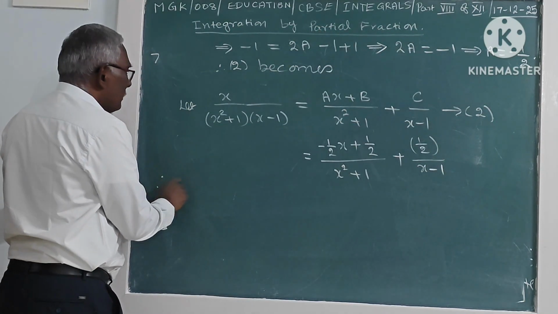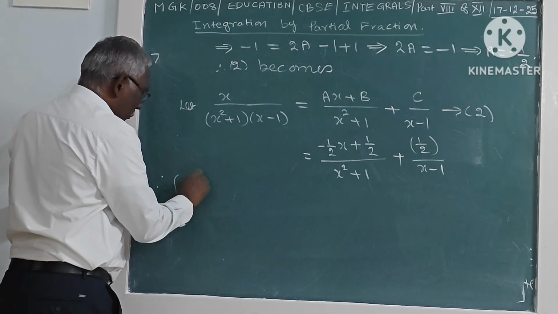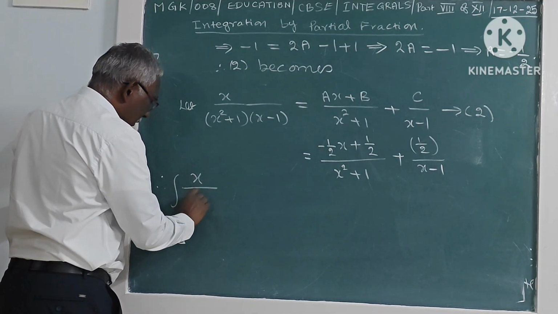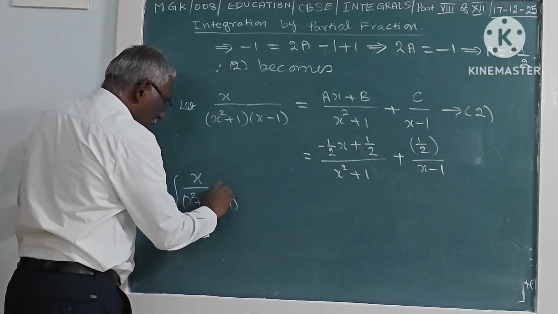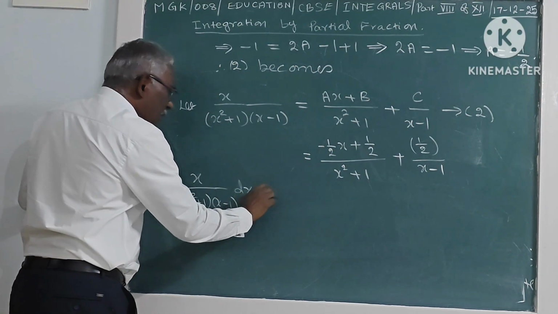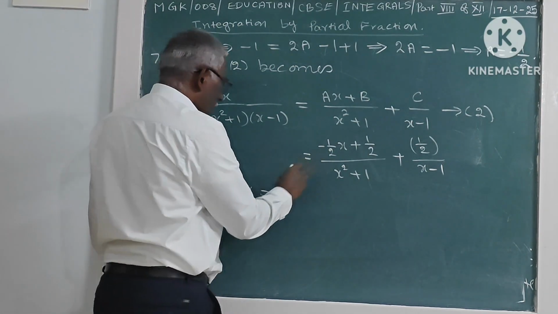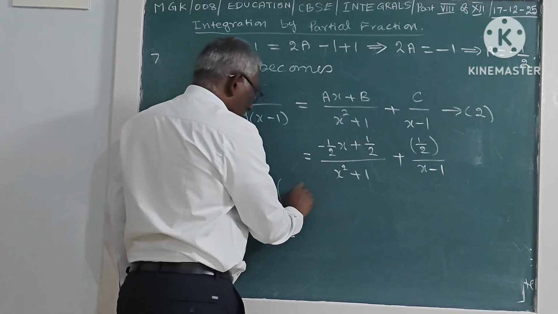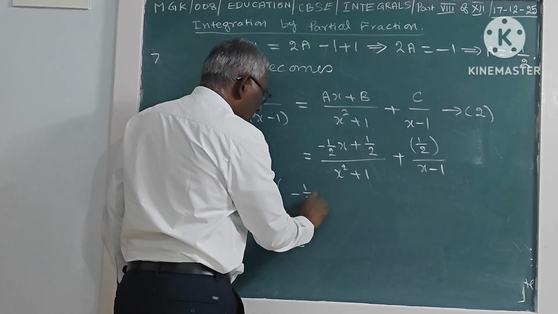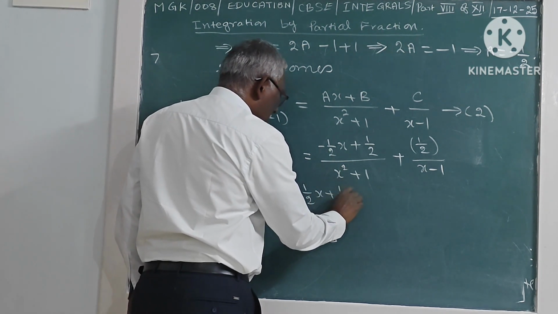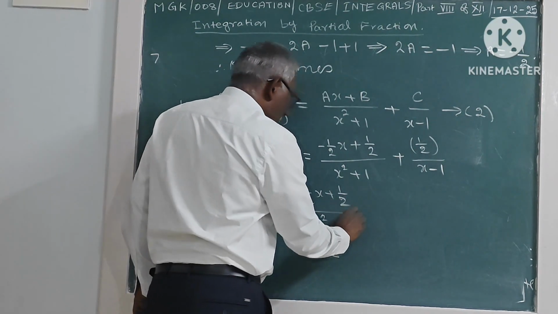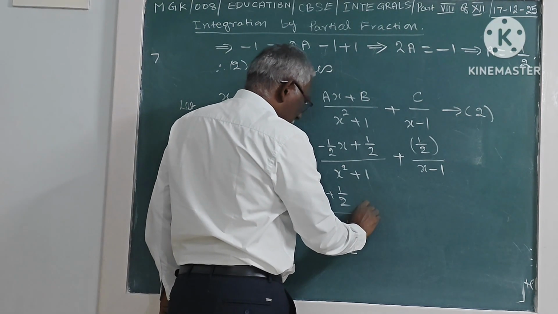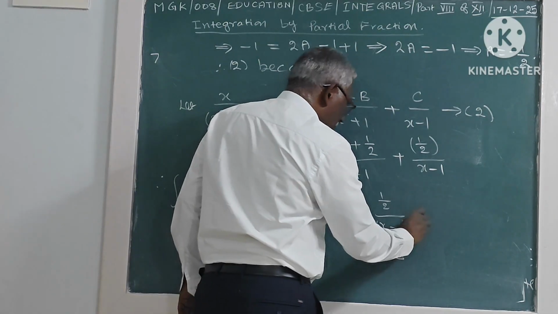Therefore, integral x by x square plus 1 into x minus 1 dx is equal to integral minus half times x plus half by x square plus 1 plus dx.